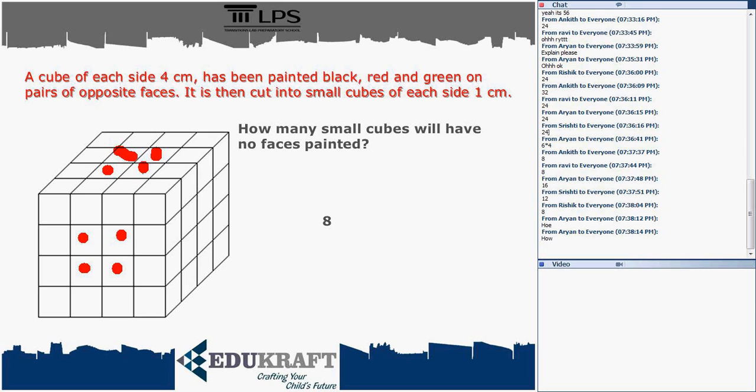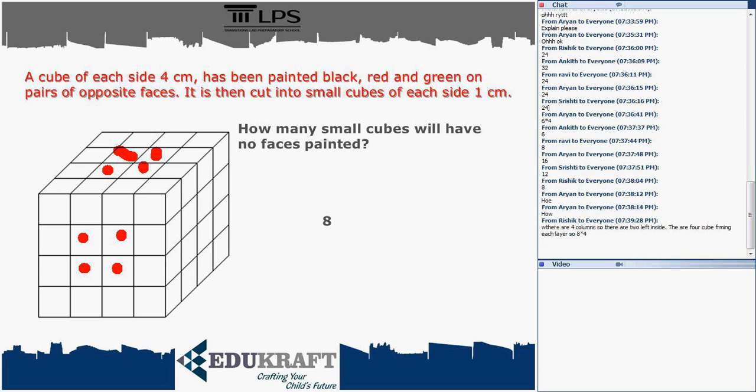The cubes behind the ones that are marked with the dots and the ones which are marked at the top. Because it will be behind the ones which are marked on the front, the ones which are marked at the top. So there are such cubes which are going to be marked at the top.